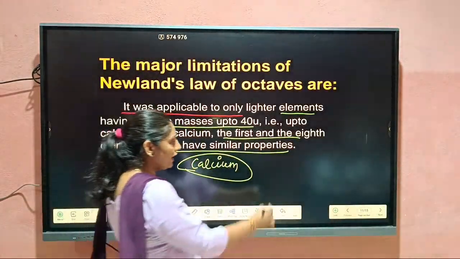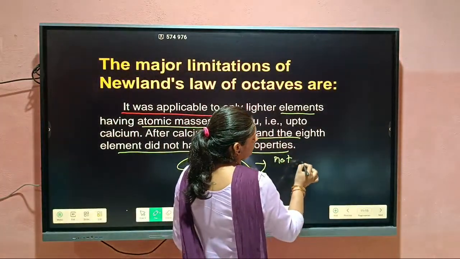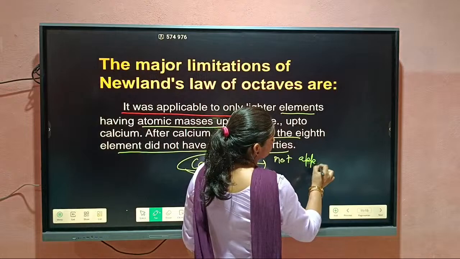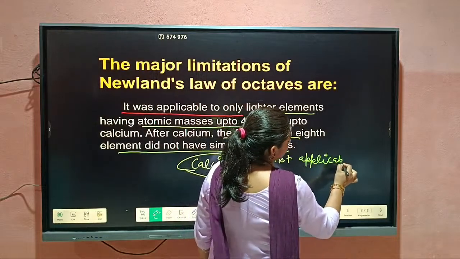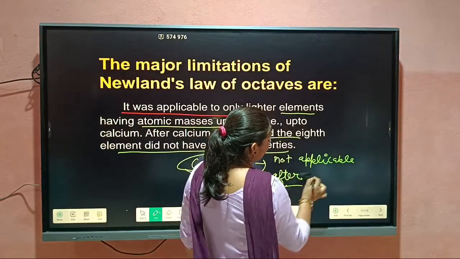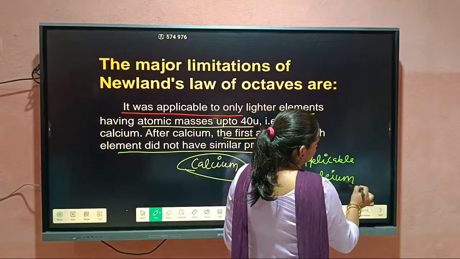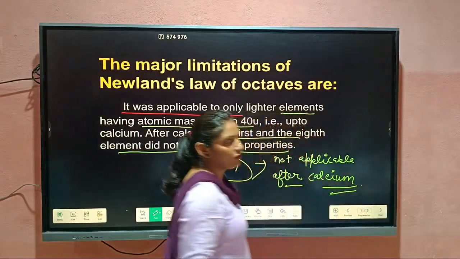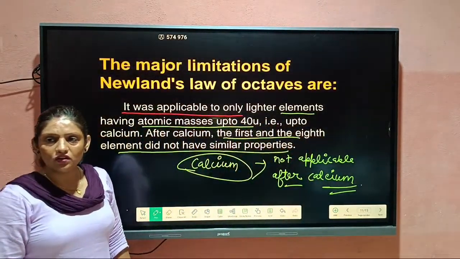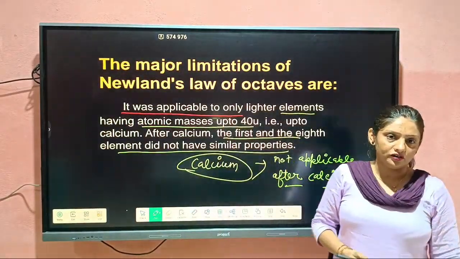Means I can say that this law is not applicable after calcium. It is applicable only up to calcium, up to atomic mass 40 units. So this was the major limitation of the Newland law of octaves.